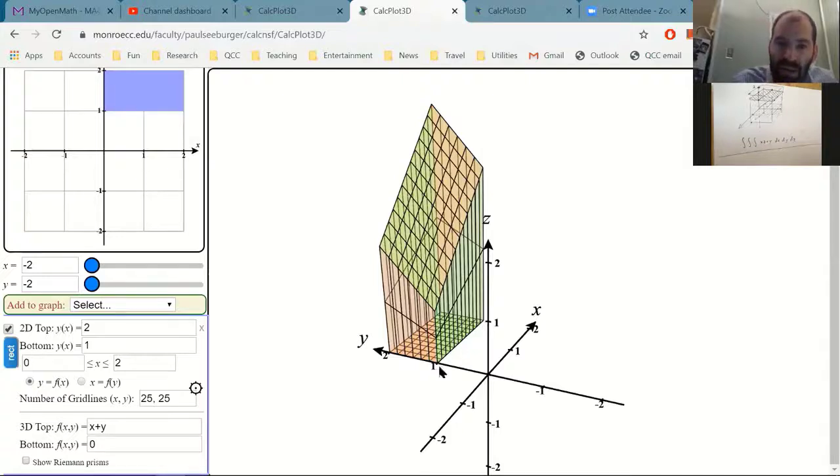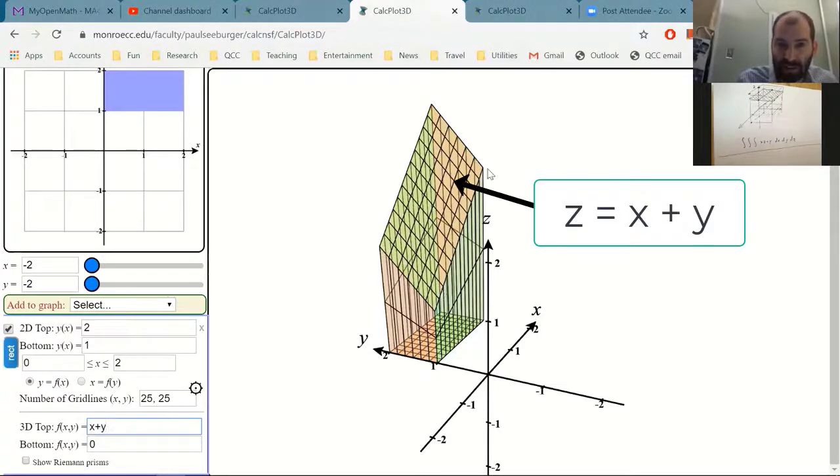But the z values are not ranging between two fixed numbers. They're going from 0, but they're going up to something that depends on x and y. Now, the surface that I defined here, you can actually look down and see how I define this. Z is actually equal to x plus y. So that's what defines this slanted surface that's at the top.